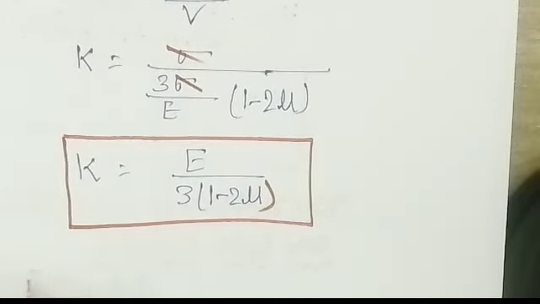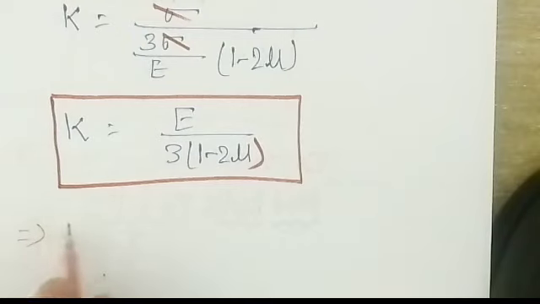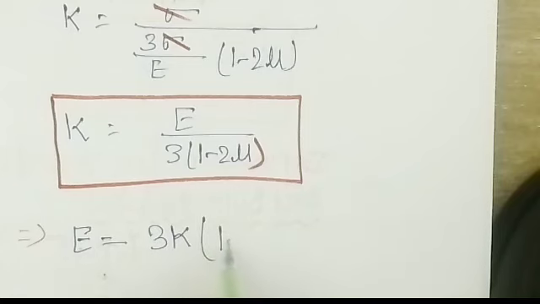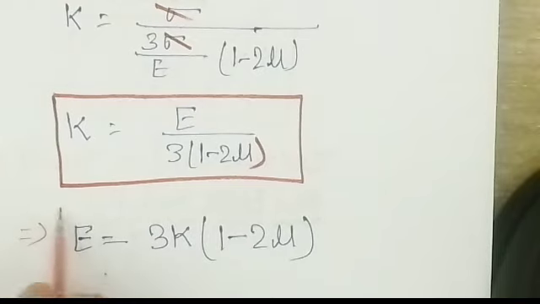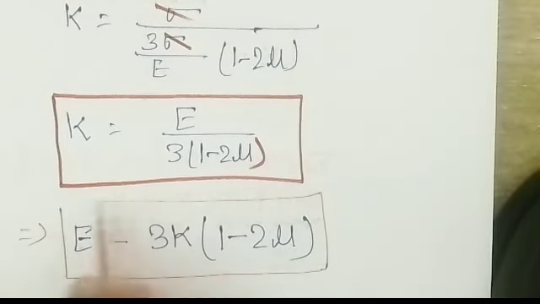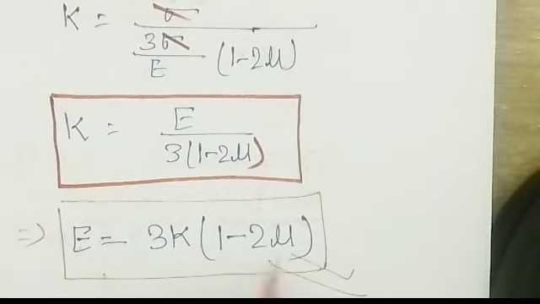If you simplify, then just change the position, E is equal to, Young's modulus is equal to what? 3 times K into 1 minus 2 mu. As you have to express the relation in Young's modulus and bulk modulus, Young's modulus is equal to 3 times bulk modulus into 1 minus 2 mu. So this is our required relation.